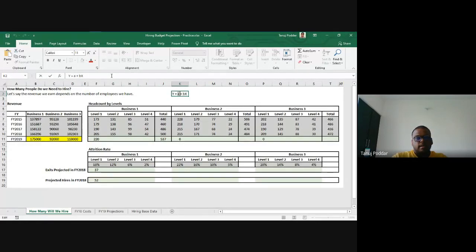But in case we assume that if there is no revenue, then there will be no employees, then there will be no intercept. So the formula becomes y is equal to bx. This is why, when I take 0, it makes a become 0.